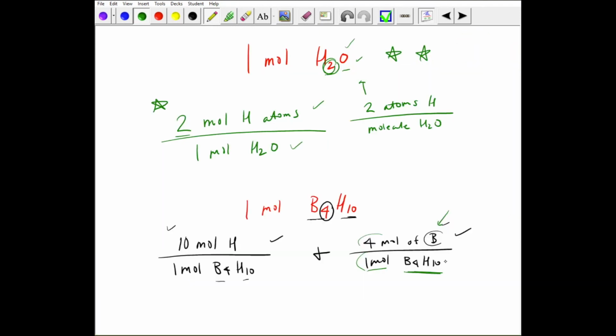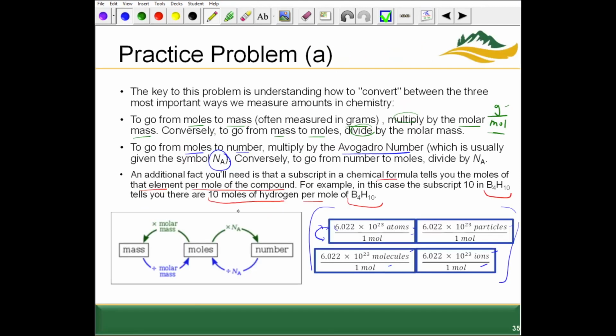So 1 mole of B4H10 consists of 4 moles of just this element boron and just 10 moles of this element hydrogen. Okay, so that's another important connection to make with these subscripts to be able to write out these different conversion factors. So here we just address 10 moles of hydrogen per 1 mole of B4H10.